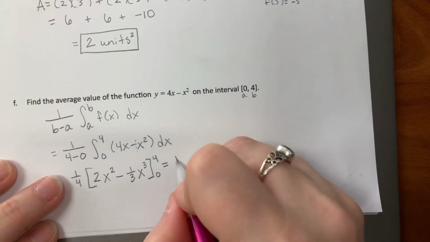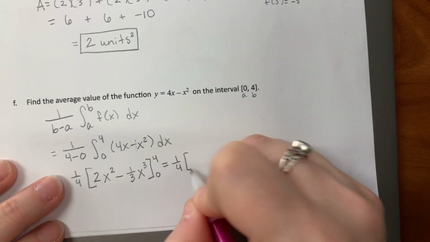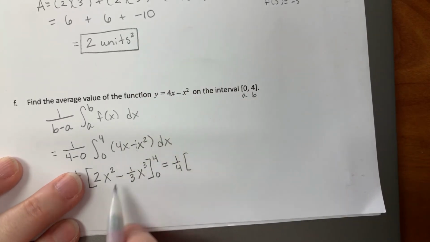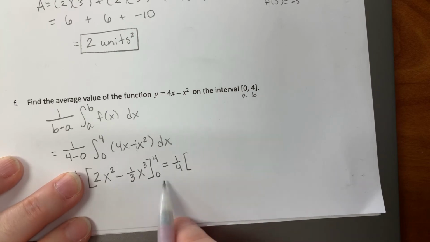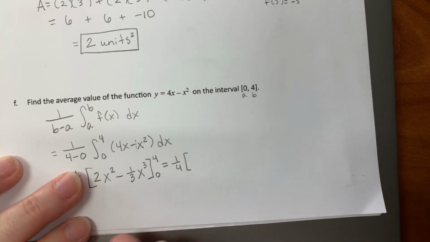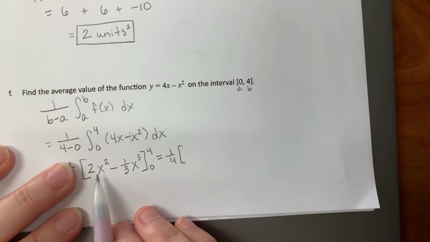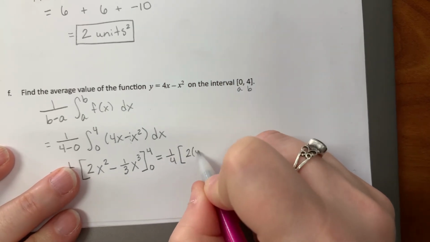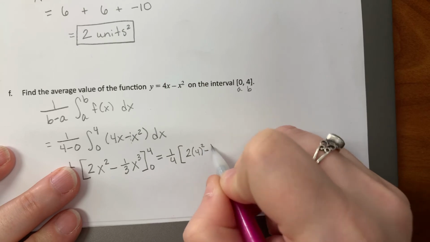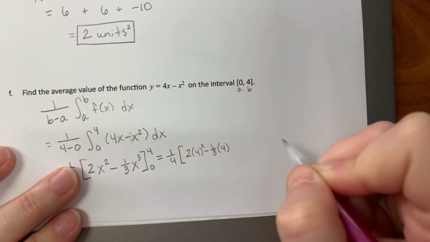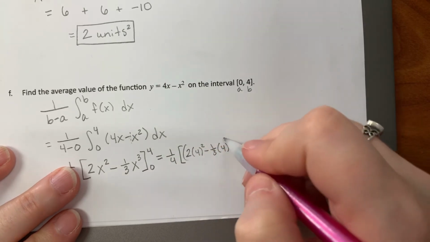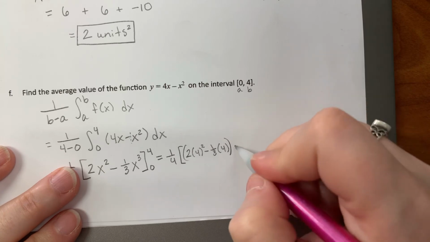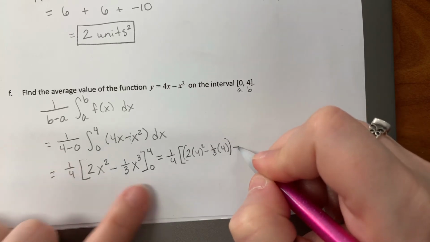Okay, so that means I'm going to do 1/4 times plugging in 4 first, and then plugging in 0 and subtracting those two outcomes. So first, let's plug in 4. So this is going to be 2 times 4 squared minus 1/3 times 4 cubed. I'm going to take all of that, and subtract away what I get when I plug in 0.